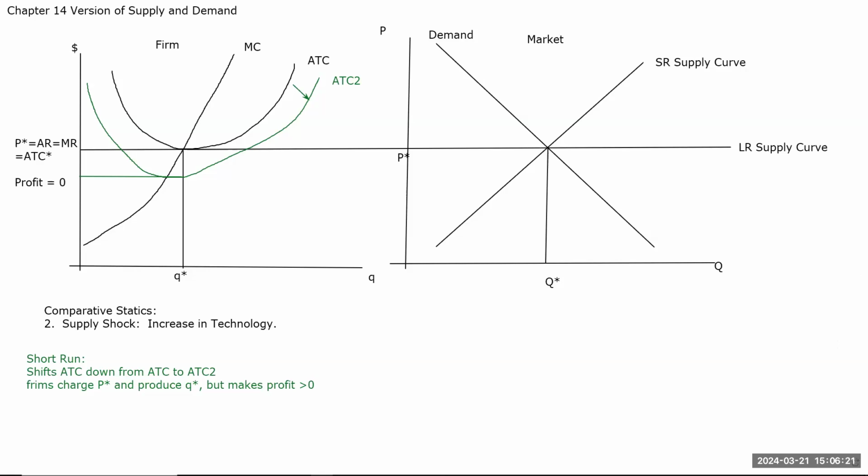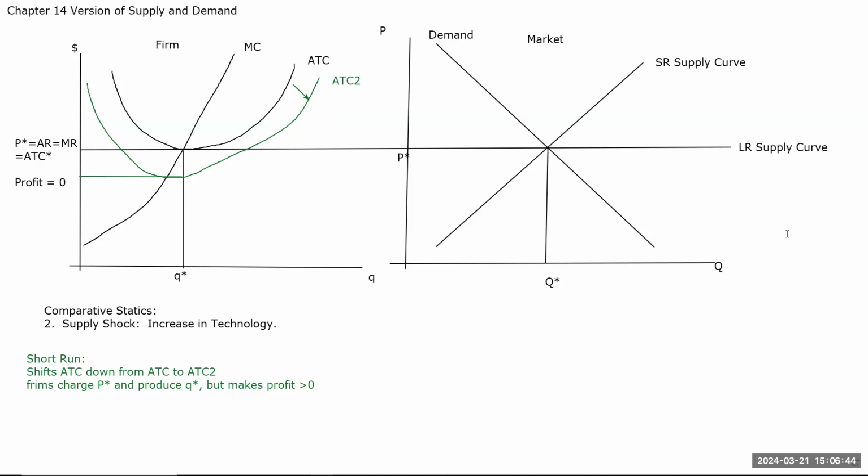Well, what happens in the long run? In the long run, other firms see this and they enter and adopt the same new technology. Remember in chapter 14, there's no secret recipe, secret sauce. Everybody can use the same new advanced technology as everybody else. They adopt the new technology and they create a price war.